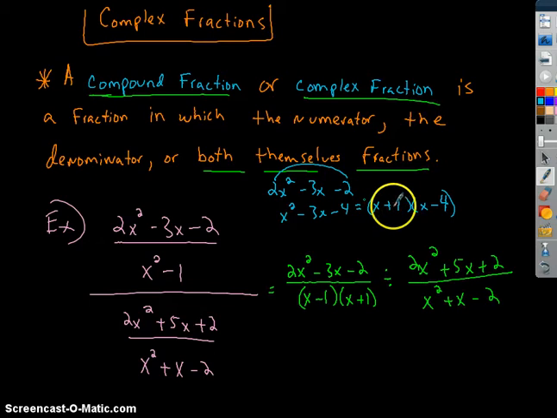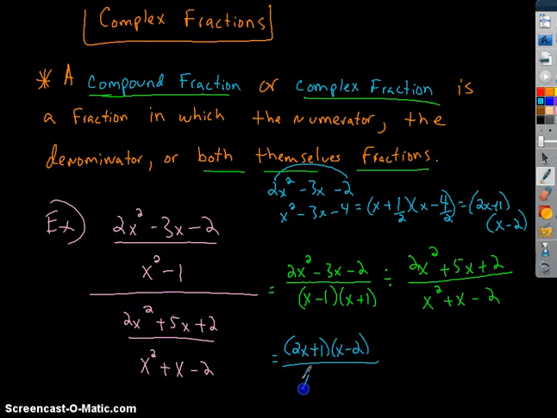And since I multiplied by 2, I divide this by 2. So this is now 2x plus 1 times x subtract 2. So the numerator is those. I can rewrite this as 2x plus 1 times x subtract 2 divided by x subtract 1 times x plus 1.